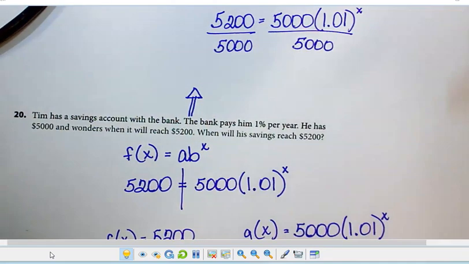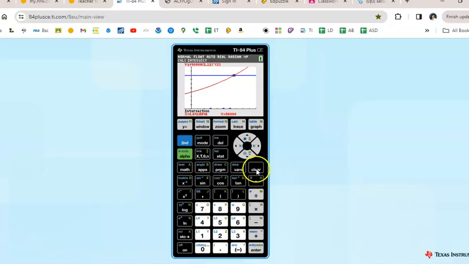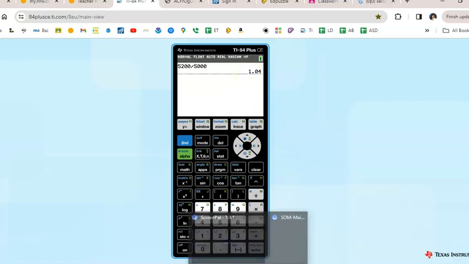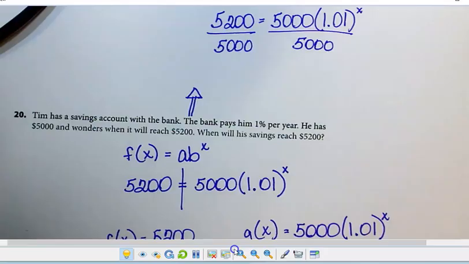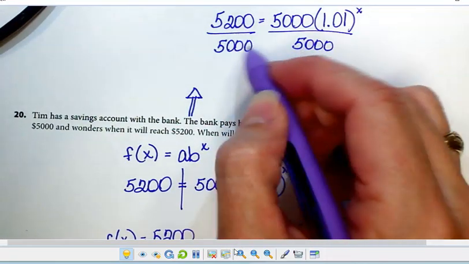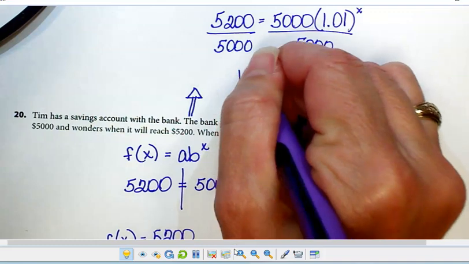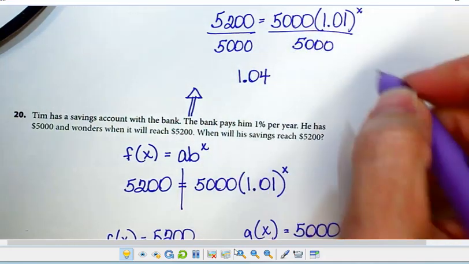Okay, I'm going to go back to my calculator. Okay, clear. 5,200 divided by 5,000 gives you 1.04. All right, keep that in mind. 5,200 divided by 5,000 is 1.04.